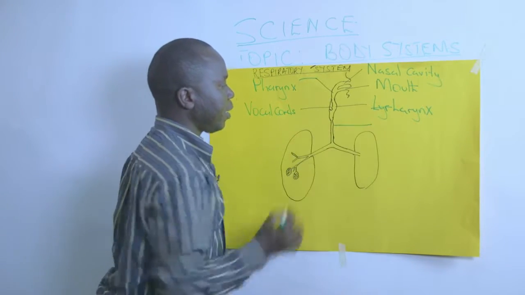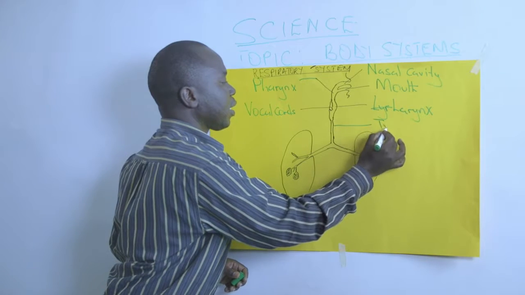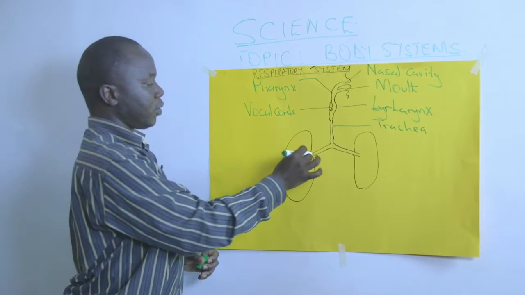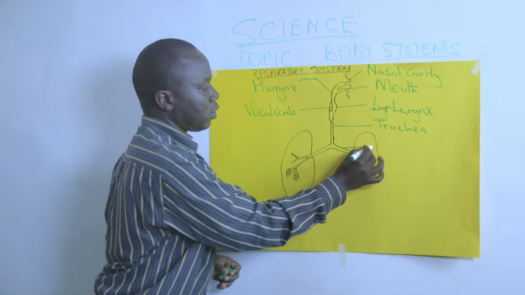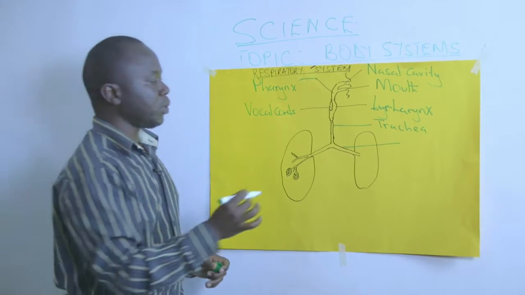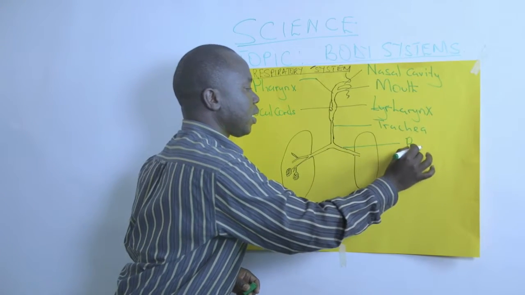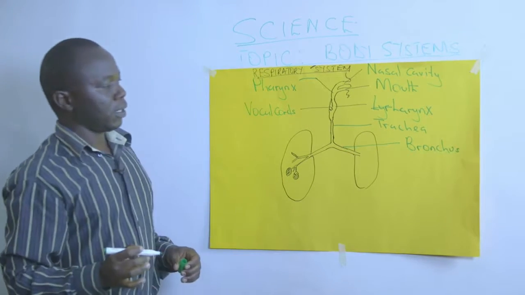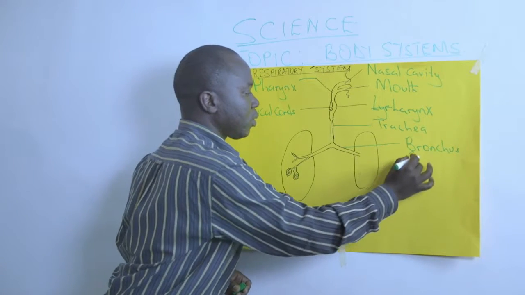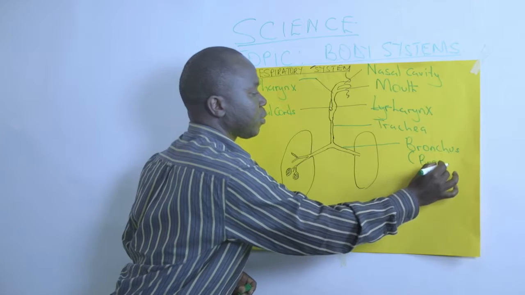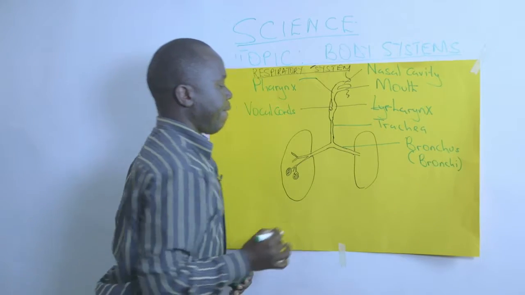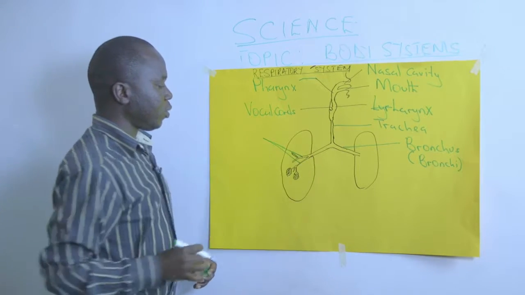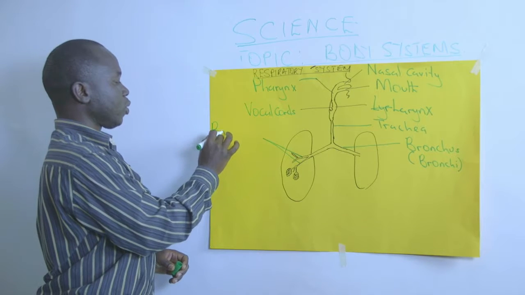Then down the main respiratory system we have the trachea. The trachea goes down and then branches into two tubes called the bronchus. If there are two, the plural form is bronchi. The bronchus branches into small, fine tubes called the bronchioles.